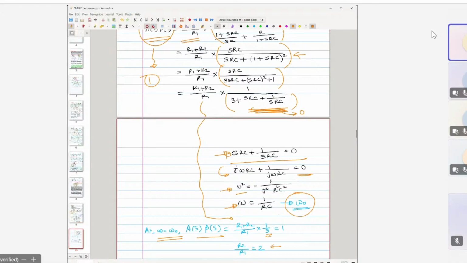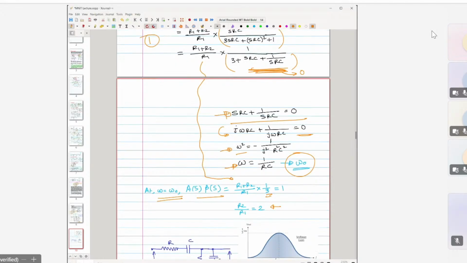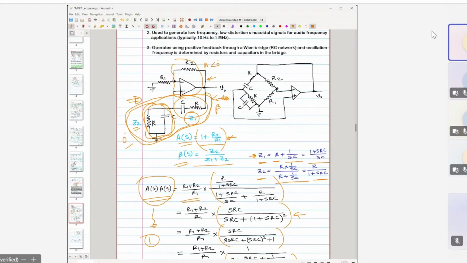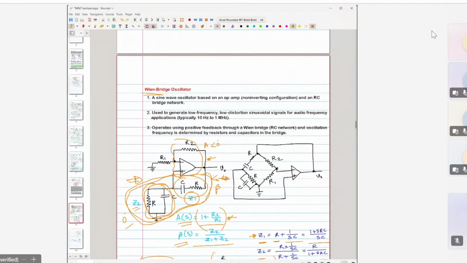That turns out to be R2 by R1 equal to 2, right? So that gives the relation between this R1 and R2. We have seen R2 would be equal to 2 times R1. That means it is providing a gain of 3, right? Yes.